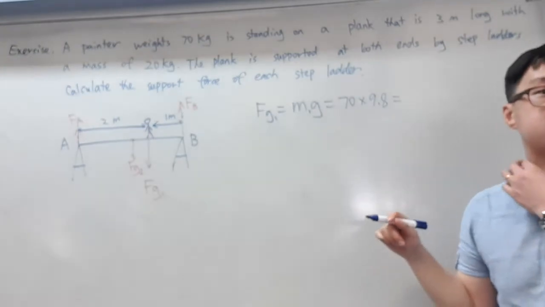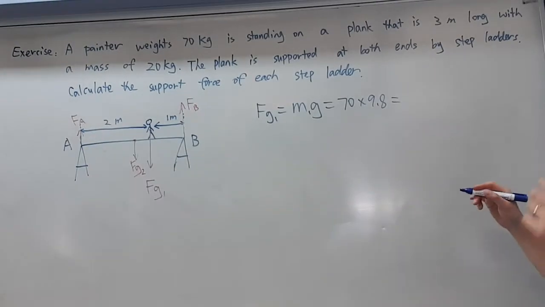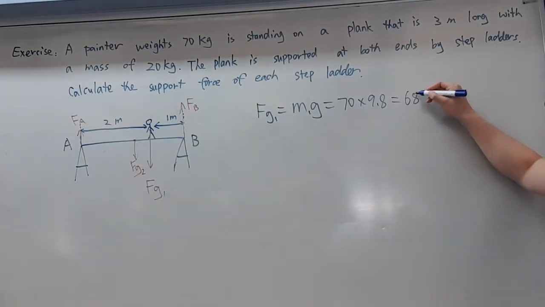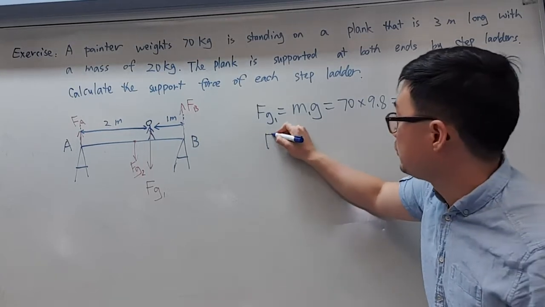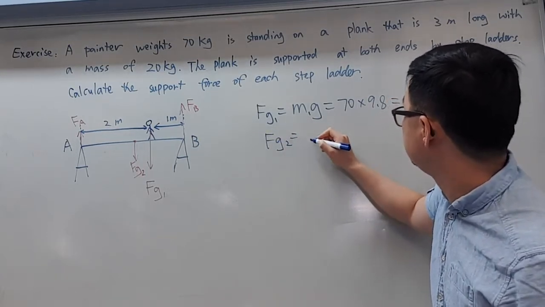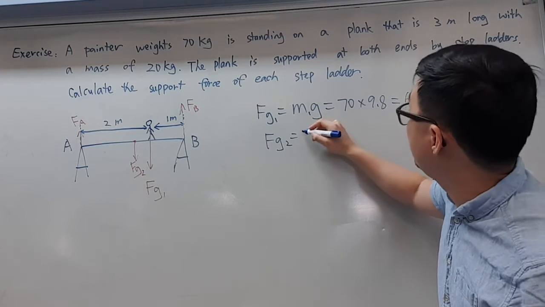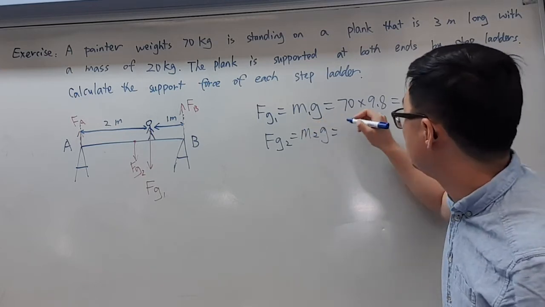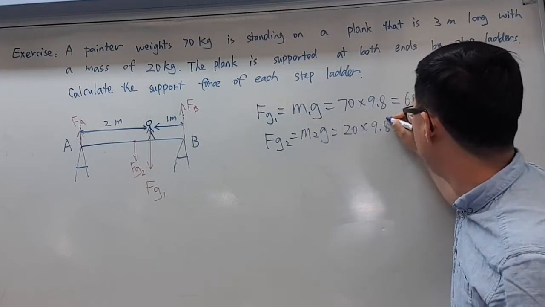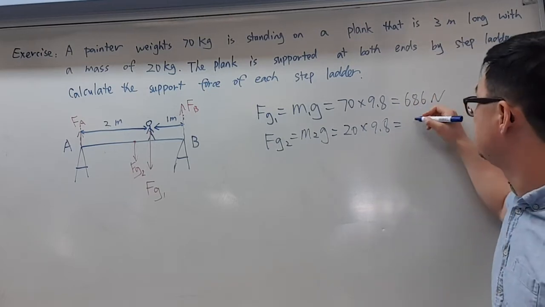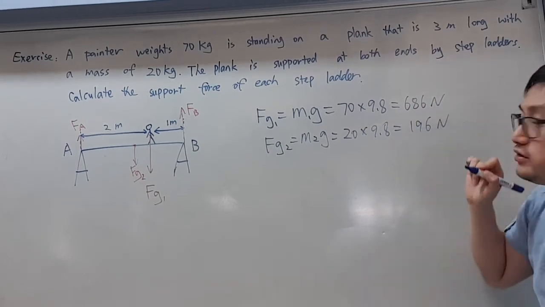How big is that? 686. 686? Okay, sweet. Then we do Fg2, M2G, that equals 20 times 9.8. That will give me 196 Newton.